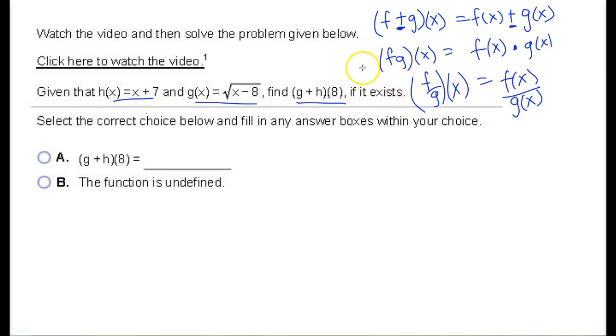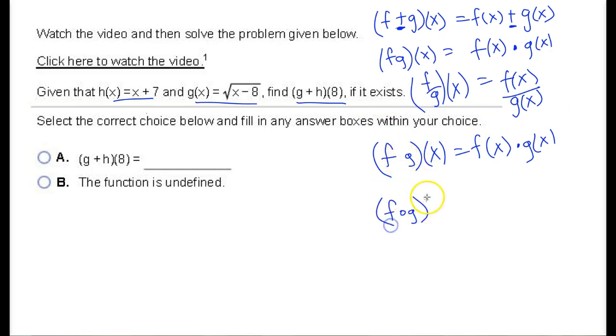Now notice that with the product, I did not say this. Although this is another way of doing it, the reason why we avoid putting this multiplication dot here is because that dot there looks a lot like this, depending upon how small you write your circle.